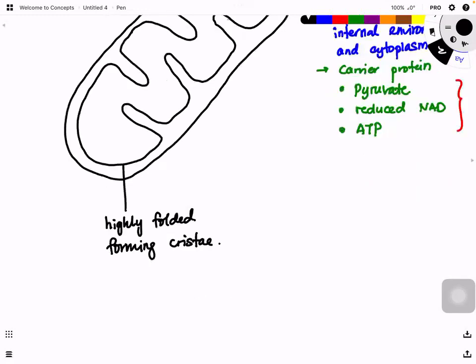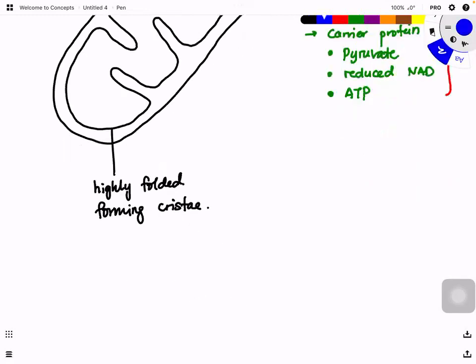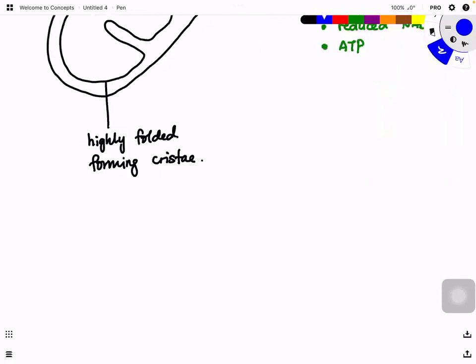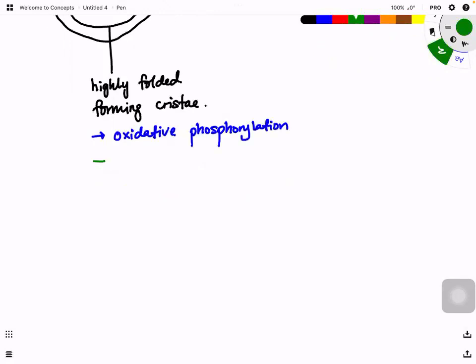So what is the function of this inner mitochondrial membrane? The inner mitochondrial membrane is involved in oxidative phosphorylation. What kind of protein do they have? They have a lot of protein and enzyme embedded on these inner membranes.